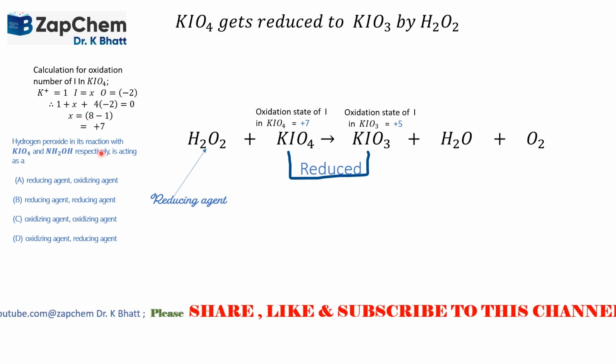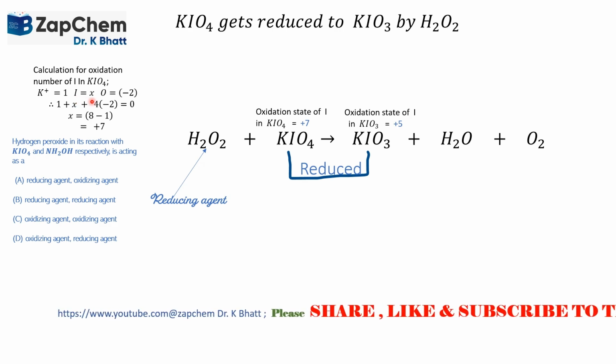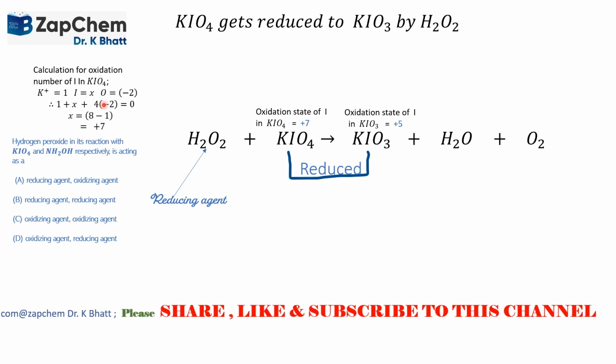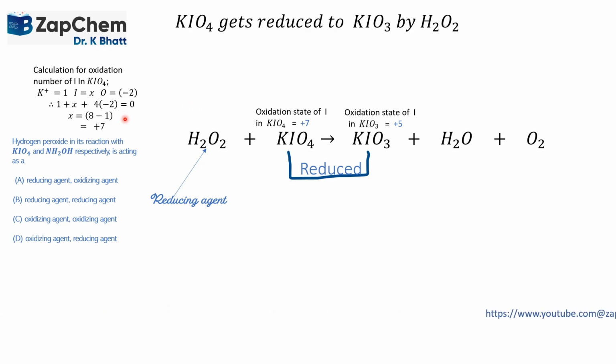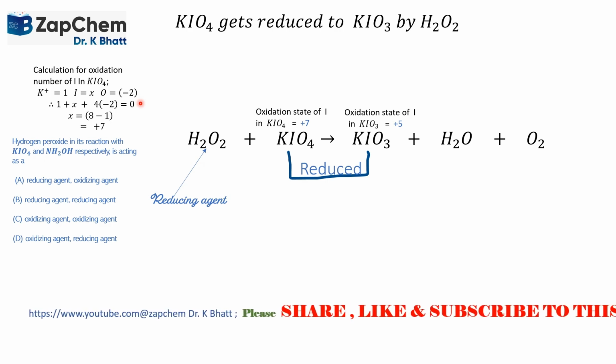Potassium is +1, because it is having a positive charge. Let the oxidation number of iodine, I, be represented by X, and oxygen is always -2. Of course, there are a few cases where it can be +1.